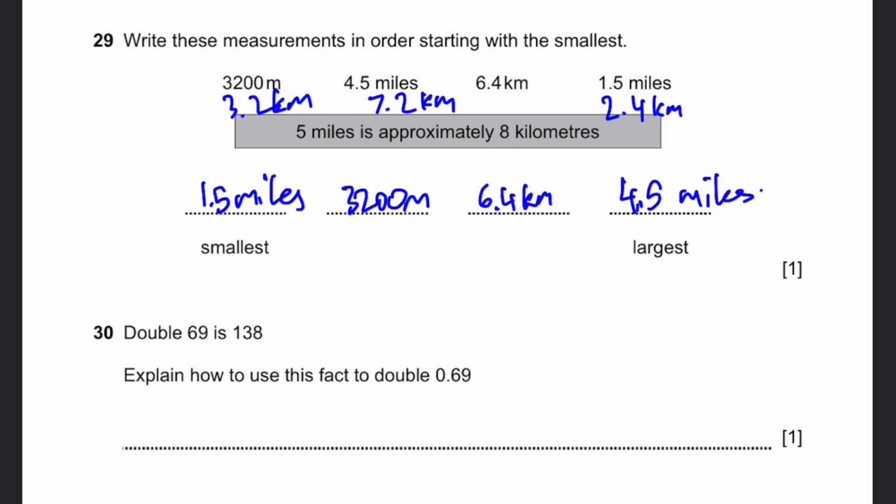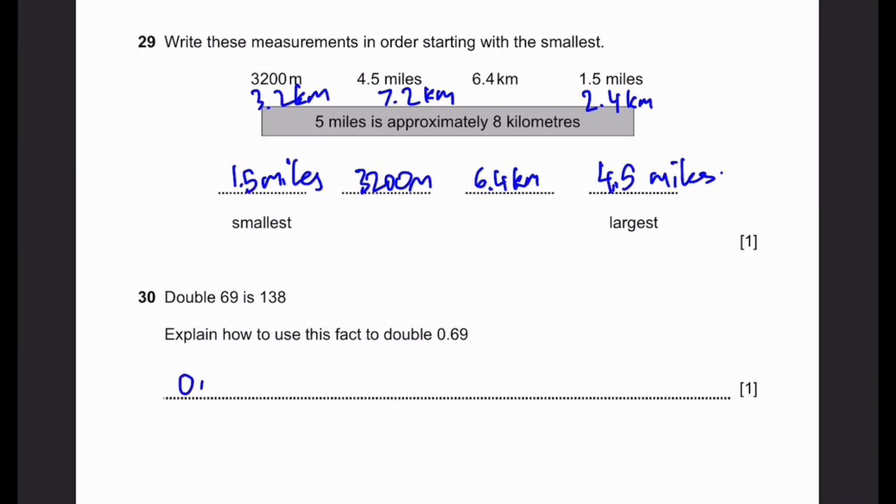Question 30. Double 69 is 138. Explain how to use this fact to double 0.69. So 0.69 is equal to 69 divided by 100.